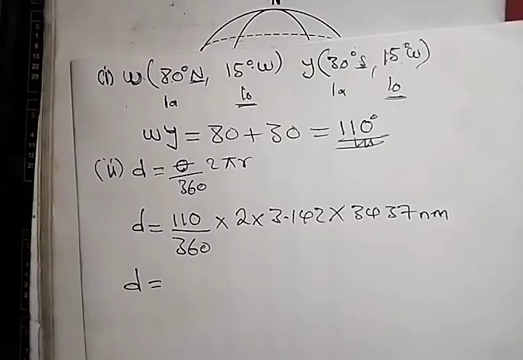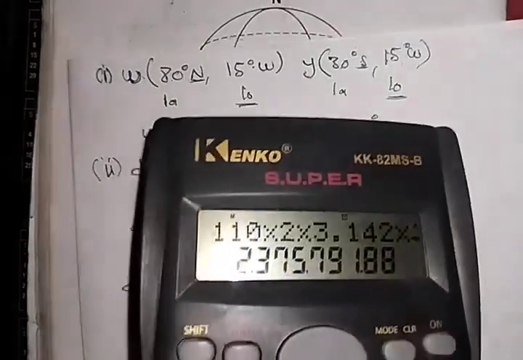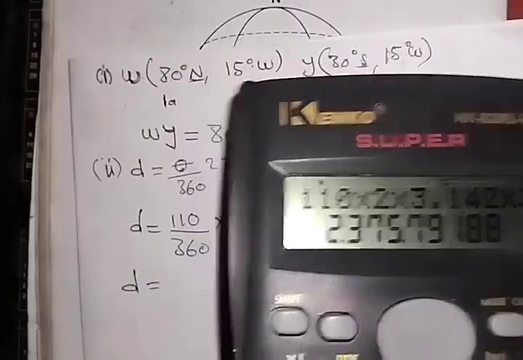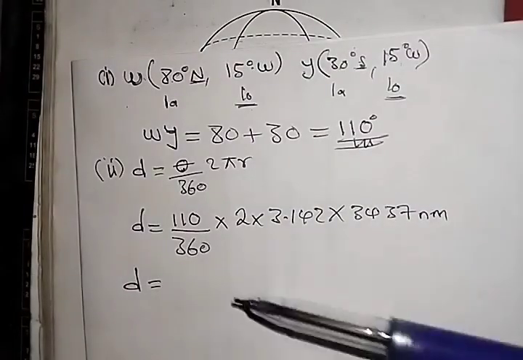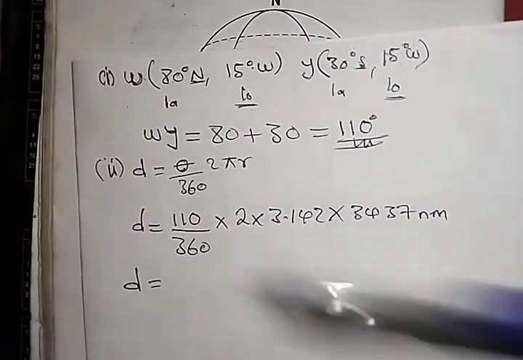So therefore distance is equal to 110 times 2 times 3.142 times 3437 on a calculator. So when you multiply, you get something like this. Then this answer, we now divide it over what? 360.